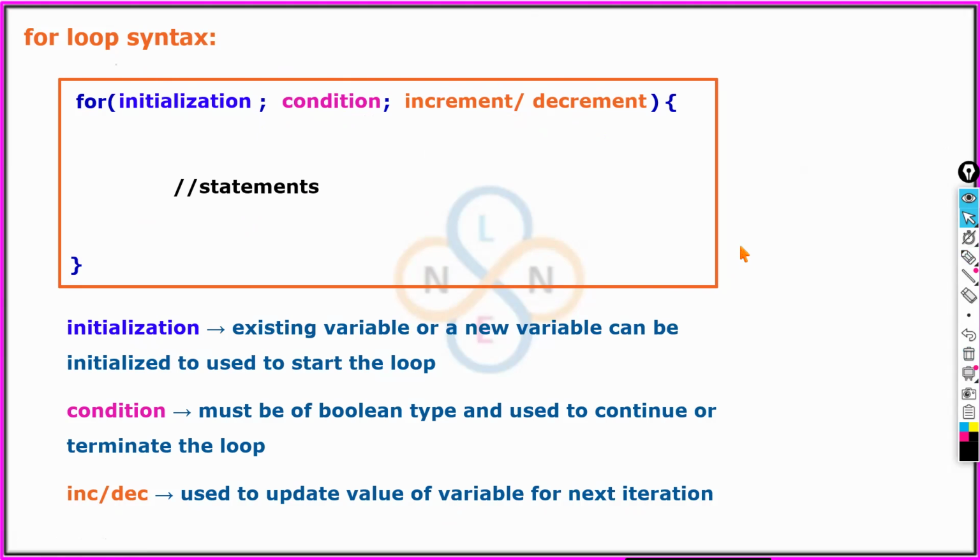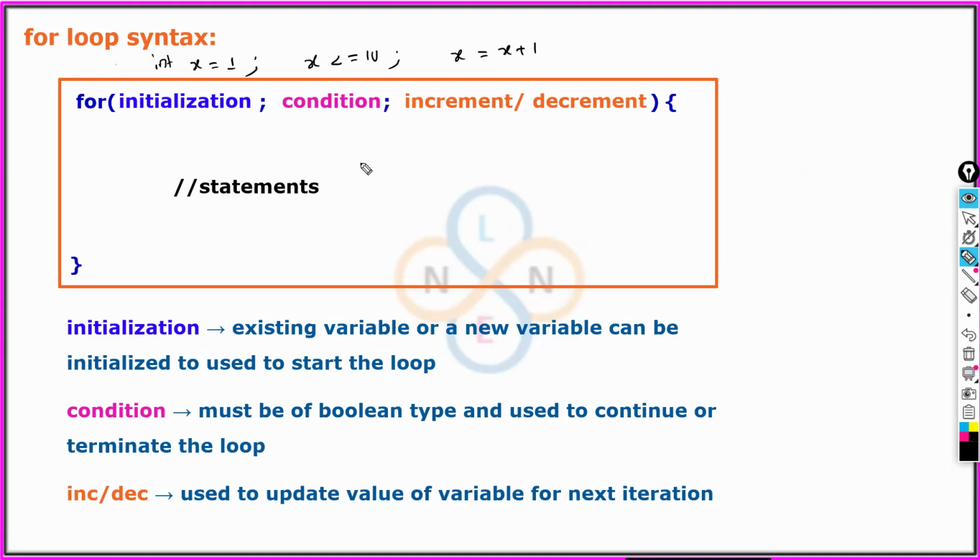And a very, very important point: all these three things must be related. For example, here we are using int x equals 1 to start. Condition: x should be less than or equal to 10. Then the x value is to be incremented by 1.